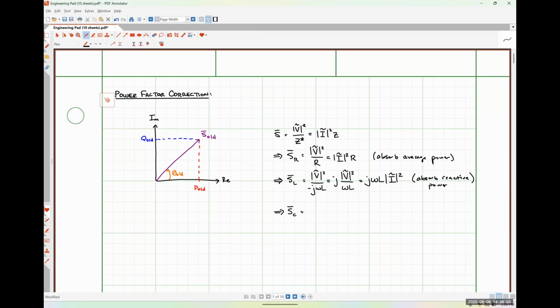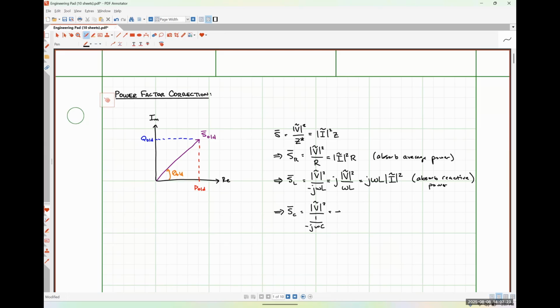So for our voltage relationship, that's going to look like the magnitude of the voltage squared divided by 1 over negative j omega c. And so I can just pull that negative j omega c up into the numerator, right? Because dividing by the reciprocal is the same thing as just multiplying by whatever's in the denominator of the denominator.